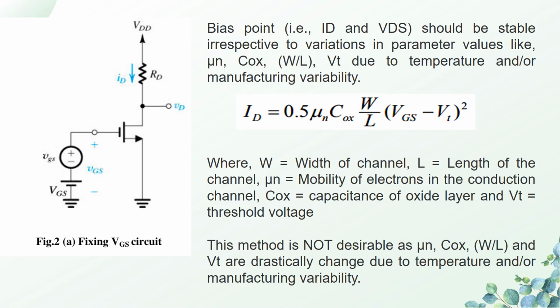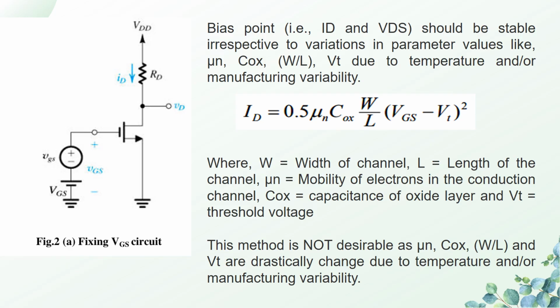The objective of biasing is to keep a stable Q point. The Q point will be stable only when we have proper drain current ID and voltage VDS. The values of these two parameters should not vary with respect to the device parameters such as mu n, Cox, W by L ratio and the threshold voltage Vt.